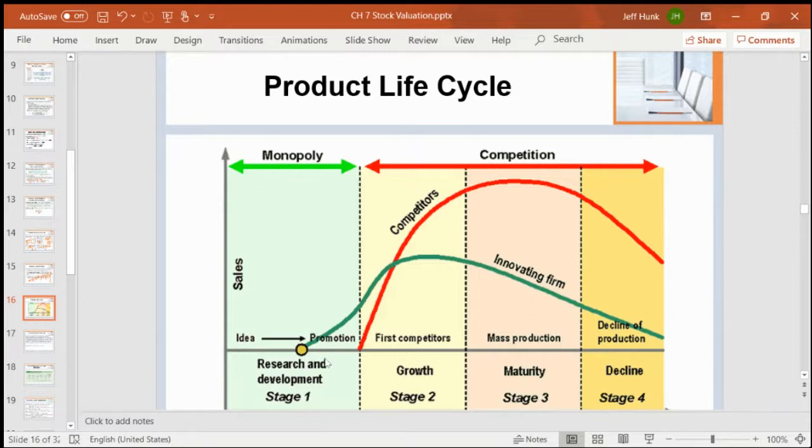And in stage one, only a handful of people use it. They're called early adopters. At that point it must have been very expensive, but it was an innovative product.